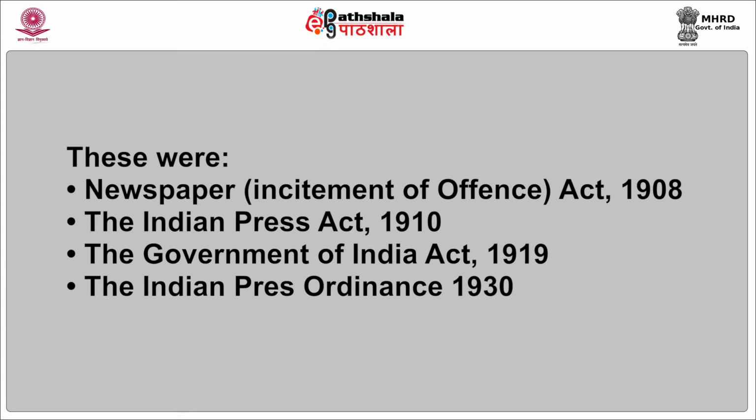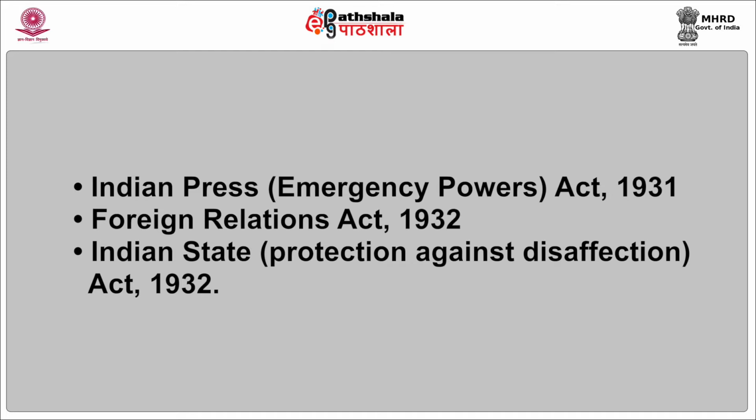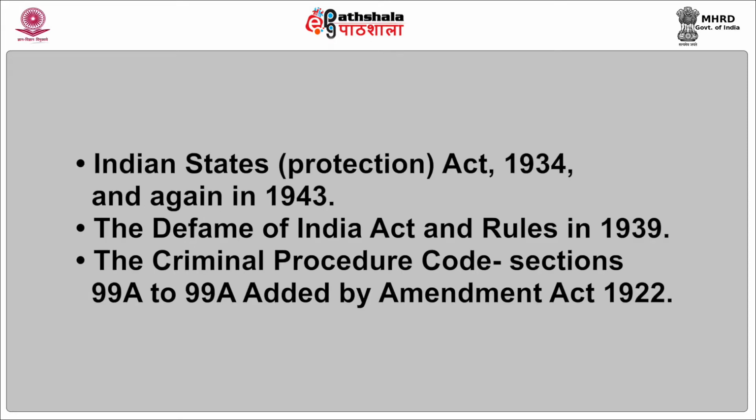These were the Newspaper Act 1908, the Indian Press Act 1910, the Government of India Act 1919, the Indian Press Ordinance 1930, the Indian Press Act 1931, the Foreign Relations Act 1932, the Indian States Act 1932, the Indian States Act 1934, and again in 1943, the Defence of India Act and rules in 1939. The Criminal Procedure Code sections 99A to 99G were added by the Amendment Act 1922.